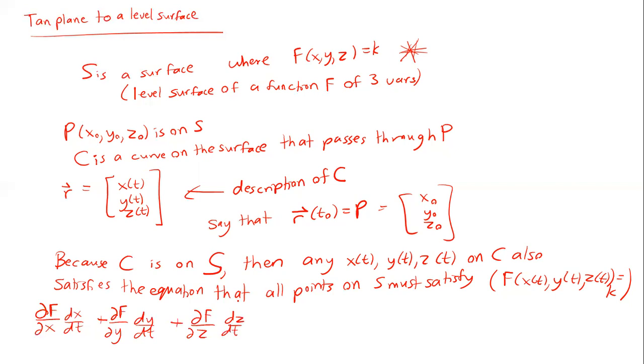So this is some type of implicit differentiation of my left-hand side, and I'm going to say that it's equal to 0 because that would be the derivative of the right-hand side with respect to t.